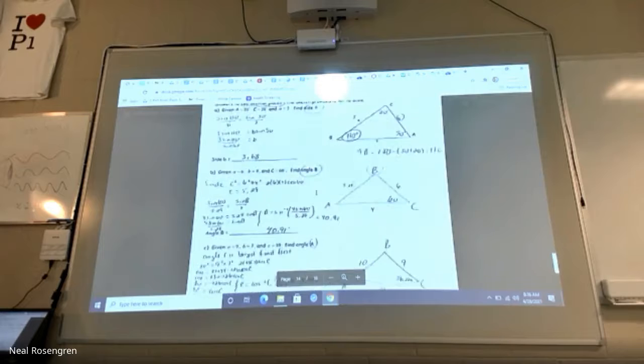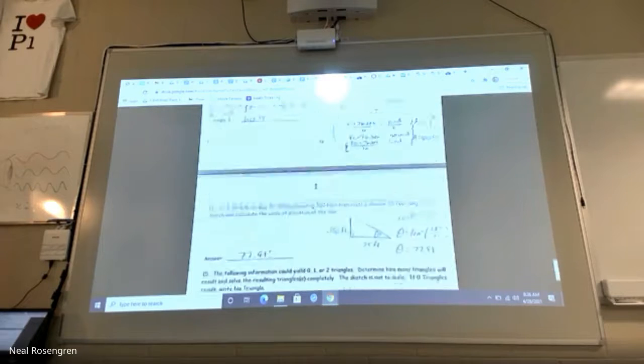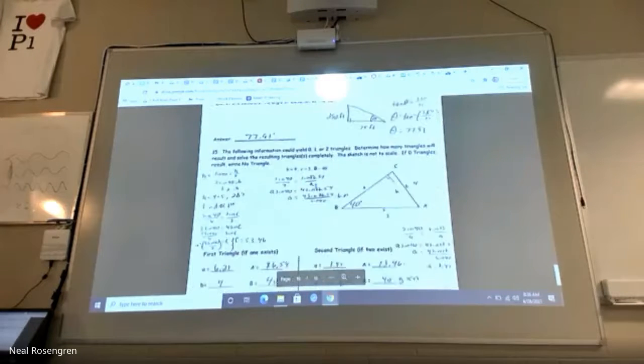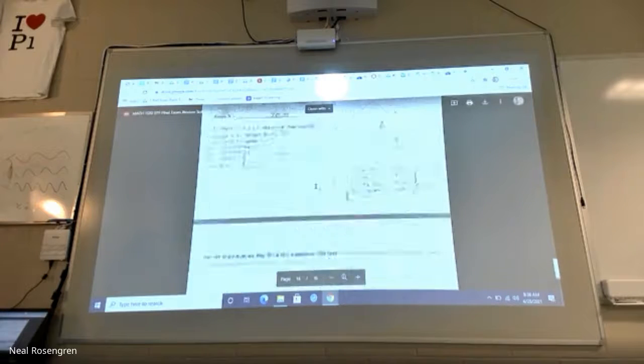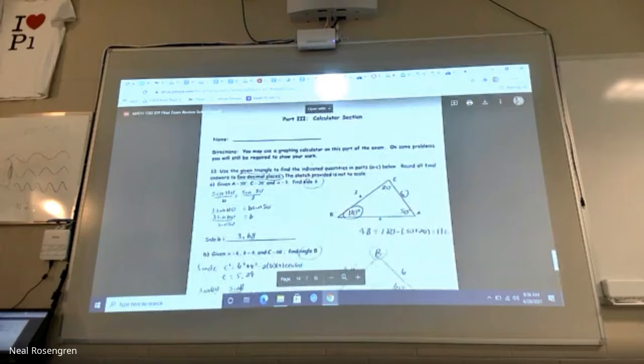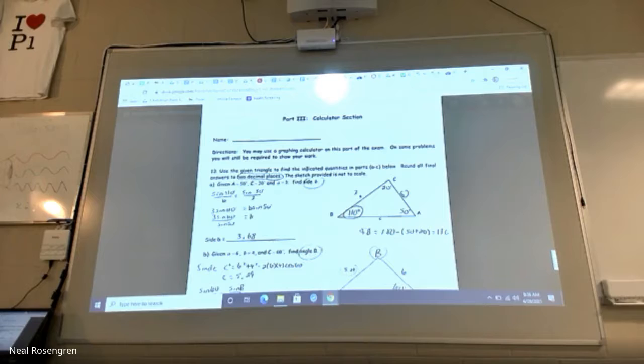Calculator stuff we don't have to worry about with law of sines, law of cosines. That's all old geometry stuff, so we're good there. Area of a triangle, don't worry about. Yeah, so nothing too crazy. But there is one thing that is new, and that's what I want to teach you today. Between today and tomorrow, I'll go back through that list of topics and create additional practice problems of each kind.